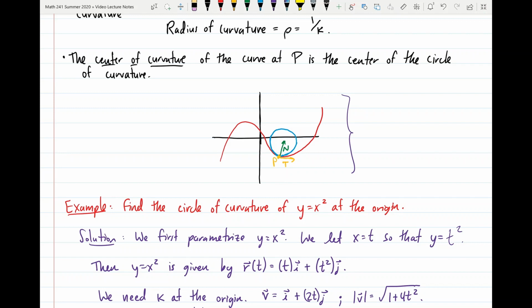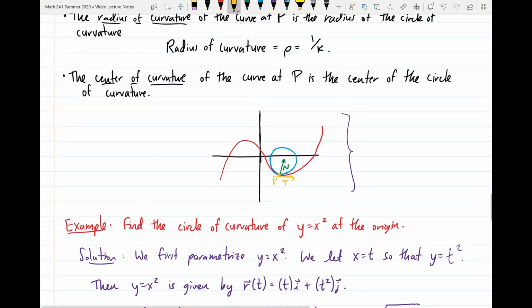Also, this circle is tangent at the point P, so that it's touching the point P, but it's not touching the points that are very, very close to P on either side. And lastly, the circle has the same curvature as the curve at P. That's probably the most important property of this circle here.